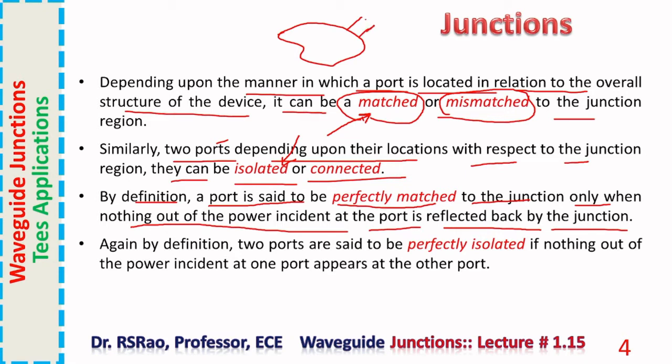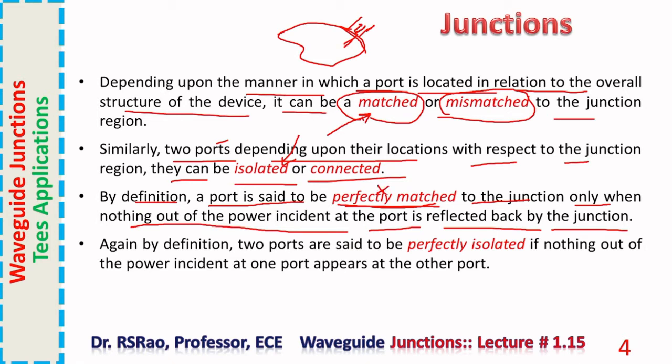This port is said to be matched to the junction circuit when the power that has flown towards the junction goes into the junction completely, without any reflections, nothing reflected back towards the port where the source is connected. Then the port is said to be perfectly matched.